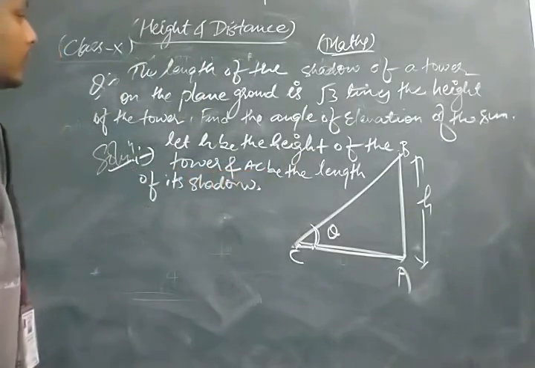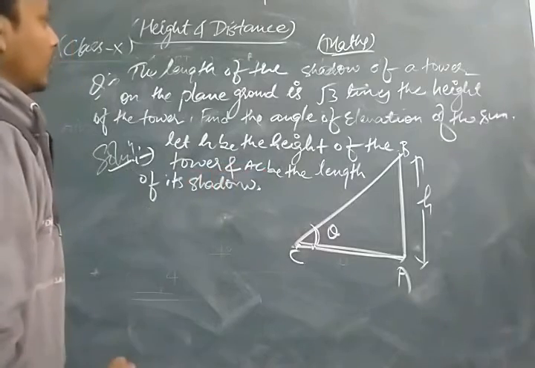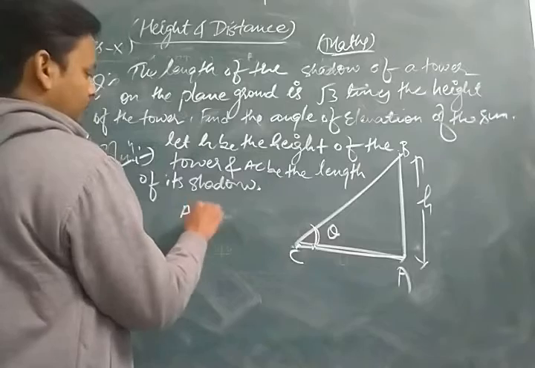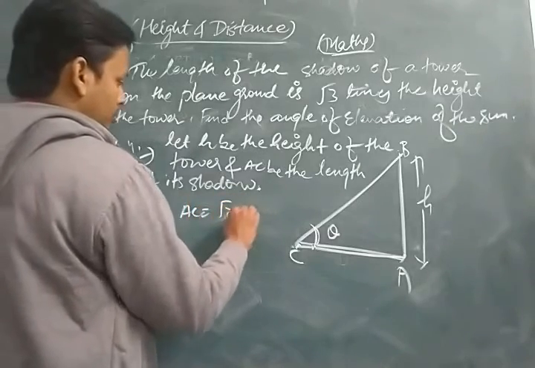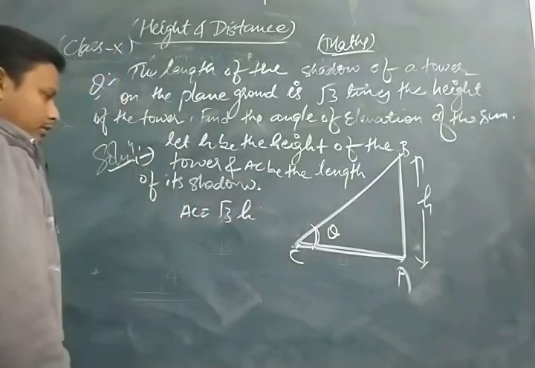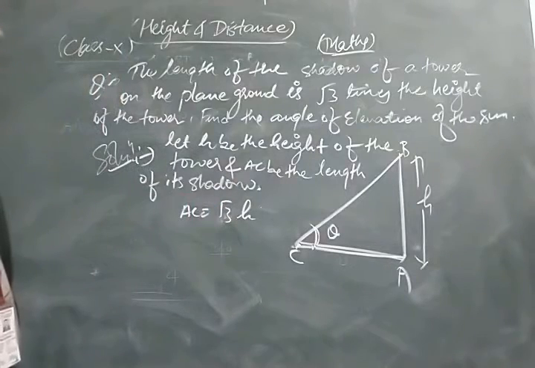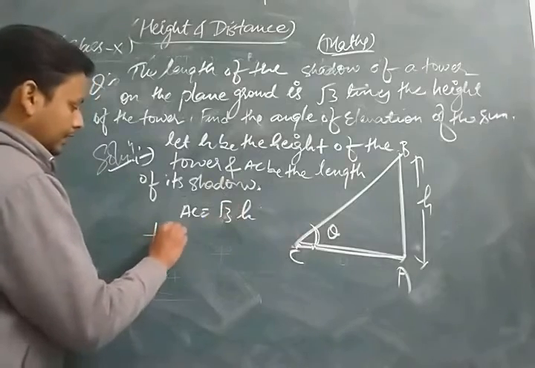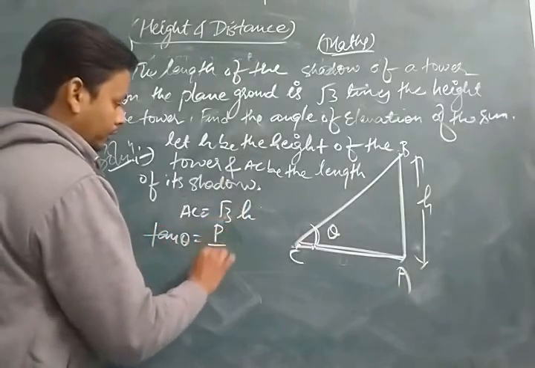Okay. Now, according to the question, the length of the shadow of the tower on the plain ground, AC, is equal to root 3 into h. Now find the angle of elevation. So we apply tan theta is perpendicular upon base.